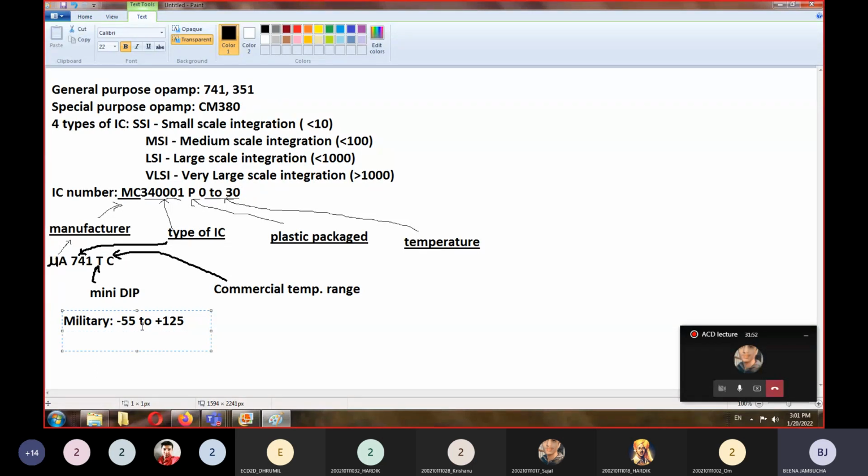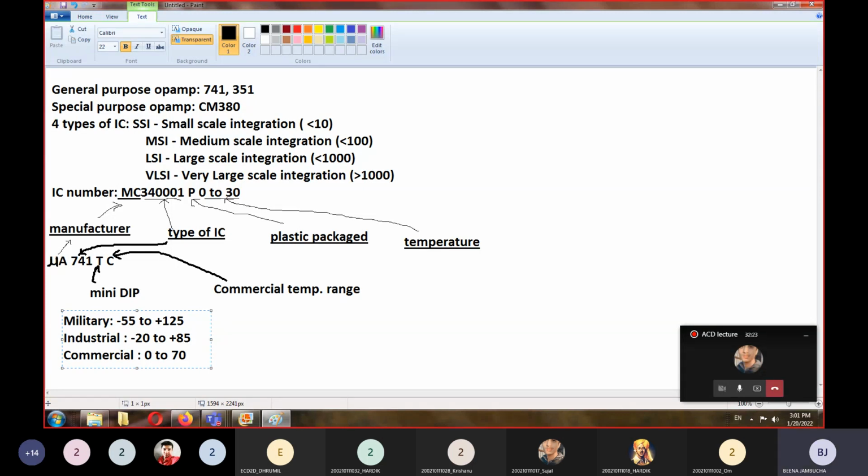If it is to be used for industrial purposes, then this range should be minus 20 to plus 85 degree Celsius. And if you are going to use it in a commercial application, then your range will be 0 to 70 degree Celsius.